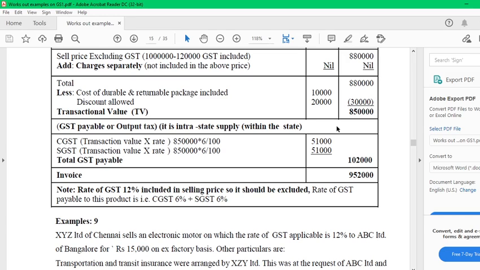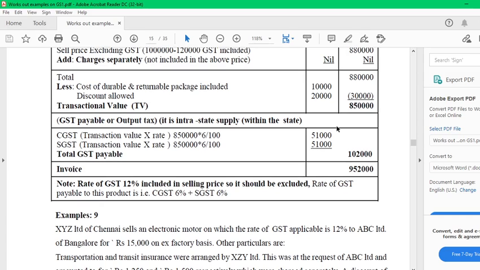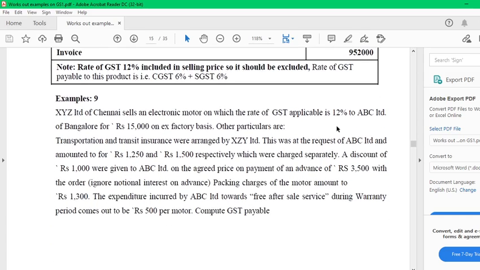Therefore, 8,50,000 into 6 by 100. How did you get 6? 12 divided by 2. The portion of the central government and the portion of the state government comes to 51,000 respectively. Total 1,02,000. 9,52,000 total invoice.